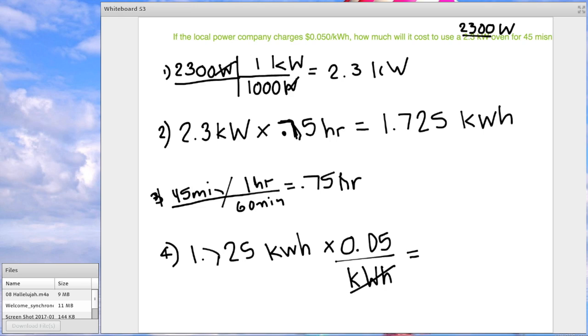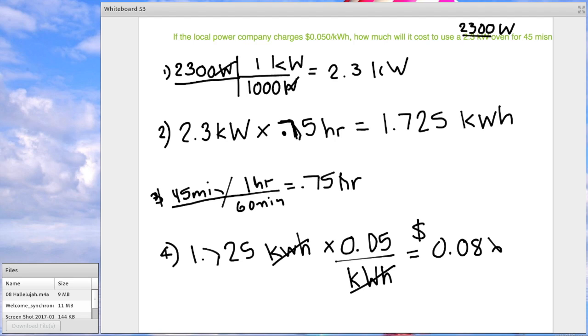My kilowatt hours are going to cross out. So I had 5 cents per kilowatt hour. I'm going to do 1.725 and multiply that by 0.05, which is like half of a cent actually. And it says that it costs us 0.086, which is like 8.6 cents, so 9 cents.